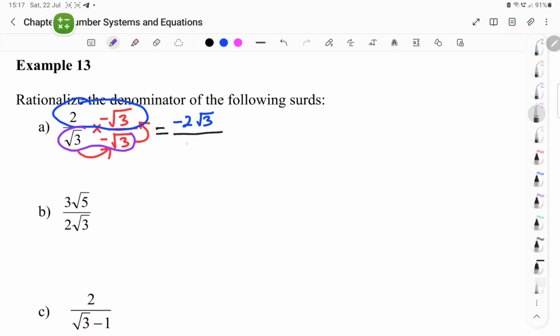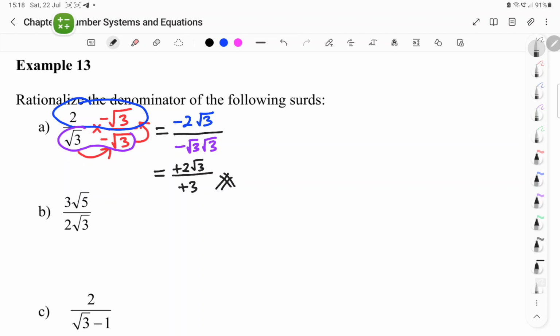What we have is minus surd 3 times surd 3. From the previous example and my previous videos, we know that negative surd 3 multiplied by surd 3 is negative 3. And then up here, negative 2 surd 3, just copy. Then we can simplify the negatives to become positive. Therefore, this is the final answer.